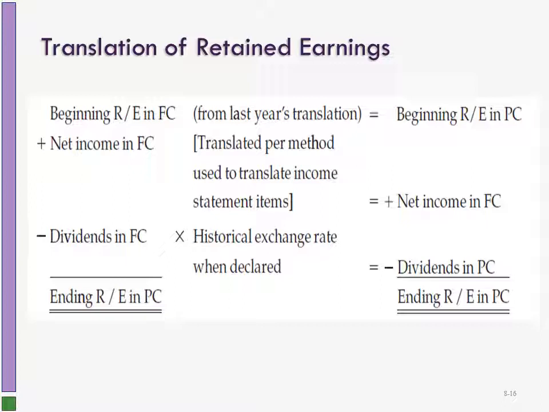Then we subtract dividends, and this is translated using the historical exchange rate, the rate when the dividends were declared. By adding net income and subtracting dividends, we end with the ending retained earnings in the parent currency.